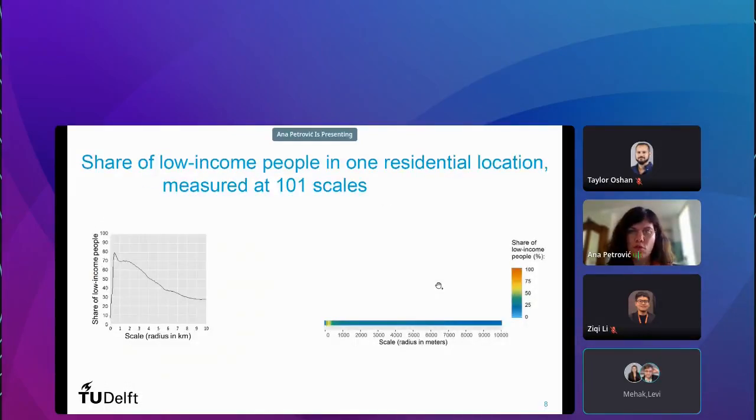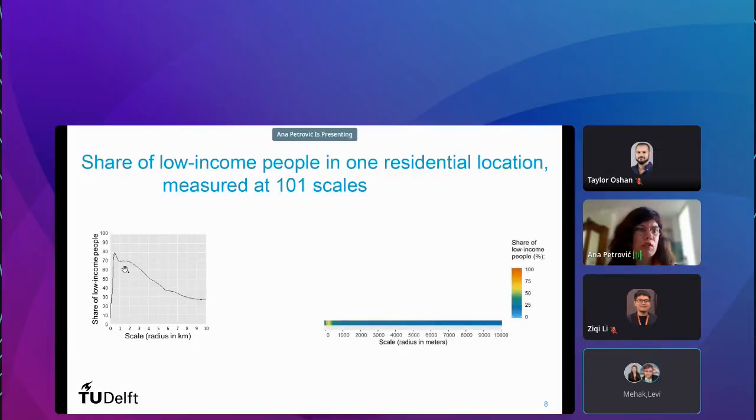When we put these measures together, when we get these values for a range of spatial scales, starting from this person's home and moving further away across scales, then we get something that we call the distance profile. So we see that on the left side of this slide.